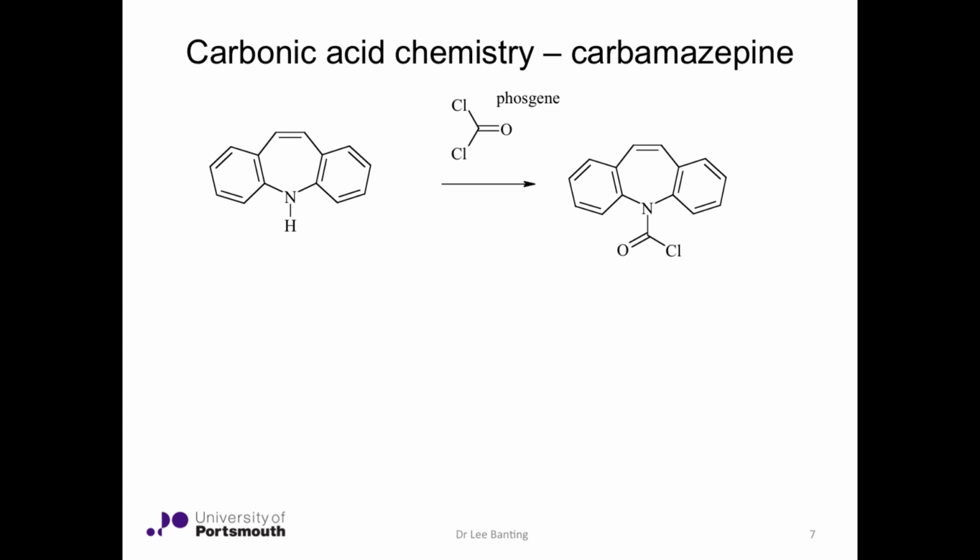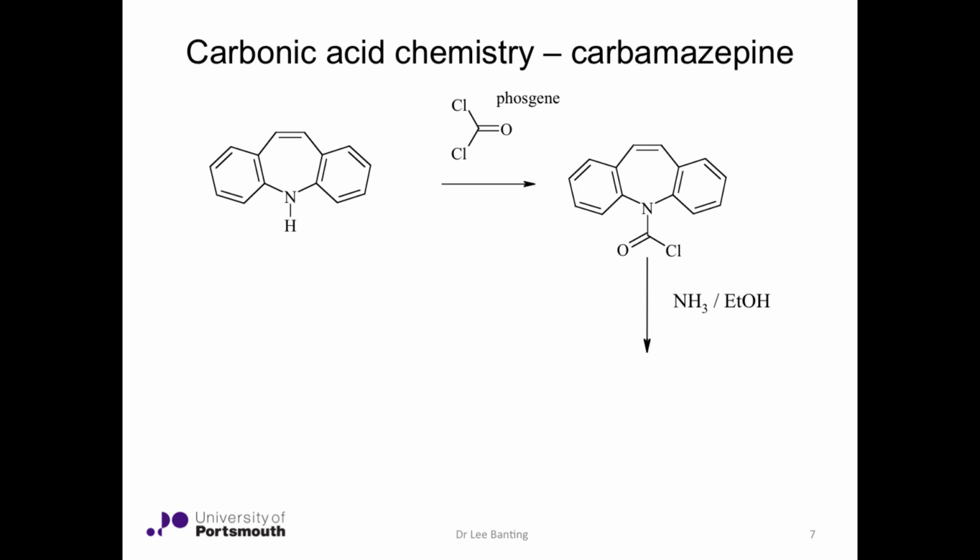A reaction with phosgene will give a chlorocarbamate, and this chemistry can be utilized by extending it by reaction with ammonia and ethanol. Ammonia as a gas is soluble in ethanol and can form a saturated solution in ethanol.